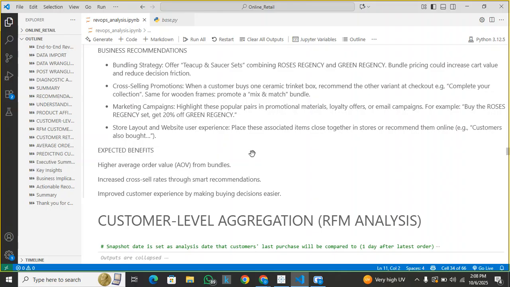So now that we know that if a customer buys A, they are most likely to buy B, instead of just having those products as standalone products, we could bundle them. It will actually reduce decision friction because a customer will not start thinking, okay, should I buy this? Should I drop this and buy this and all of that?